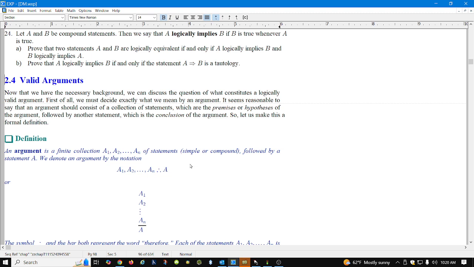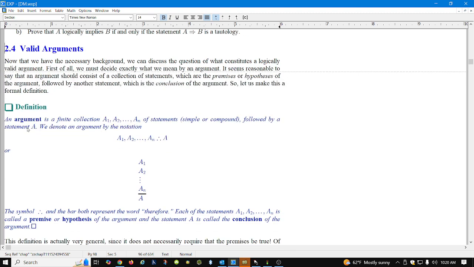So here's the formal definition. An argument is a finite collection, A1 through AN, of statements, followed by a statement. I just called the conclusion here A. Sometimes I use this notation, but more often I will use a vertical notation.